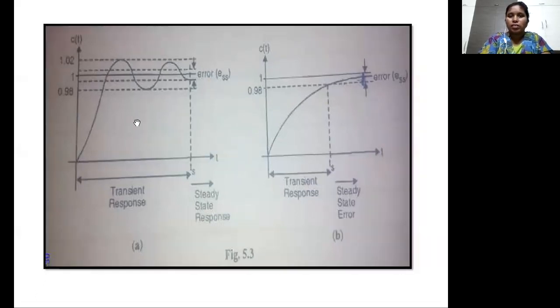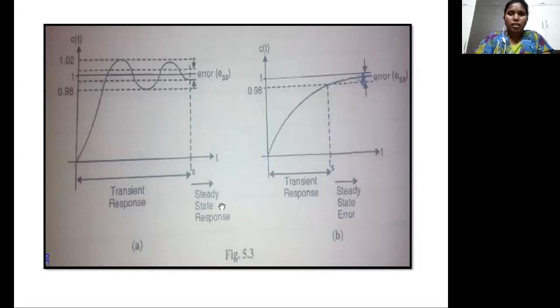In the last classes I already explained how we can classify the time response. The time response consists of the transient response and the steady state response. The transient response and steady state response are combinedly called the time response. For every system there exists a transient response and a steady state response.